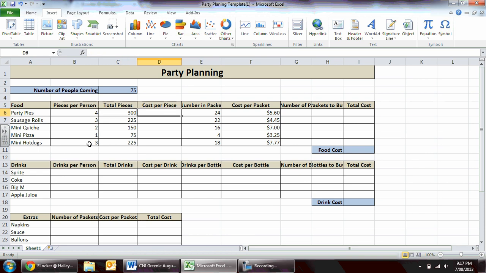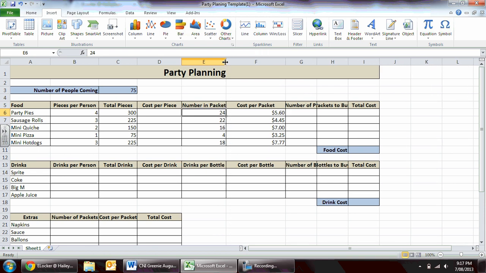Now, the next thing here is cost per piece. I'd like to know, how much is 1 party pie going to cost me? Well, I can work that out, because that is the cost per packet divided by the number that are actually in each packet.